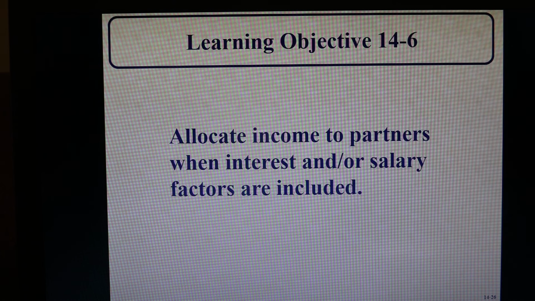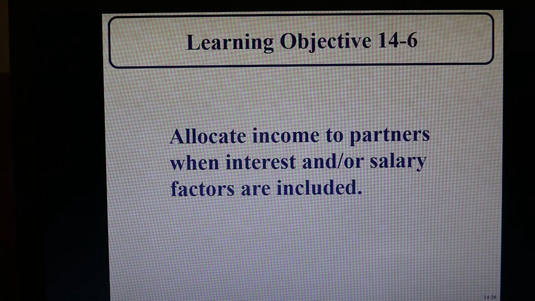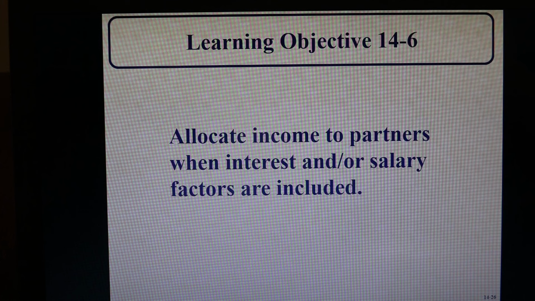I mean, what we saw before in the previous example dealt with draws and distribution of income based upon percentage of ownership. But it doesn't necessarily have to be even. So, you know, it's kind of whatever the parties agree to, it's fine with me. I'm just the accountant.